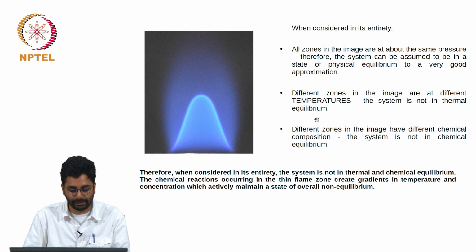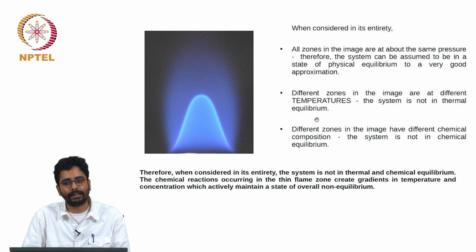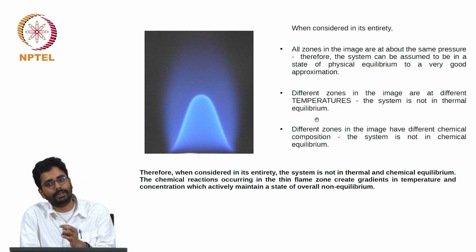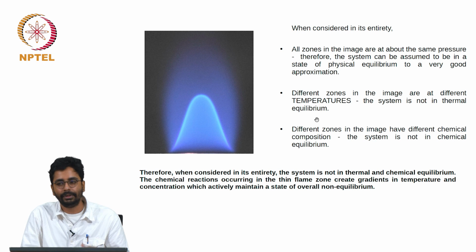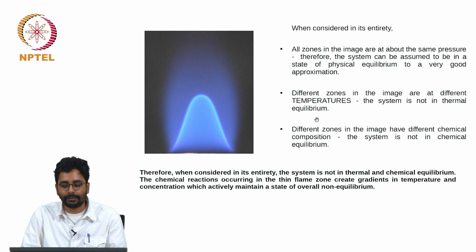That variation is very small. So if you calculate the pressure as density times the gas constant times temperature, it will be the same everywhere. Therefore the system can be assumed to be in a state of physical equilibrium to a very good approximation.